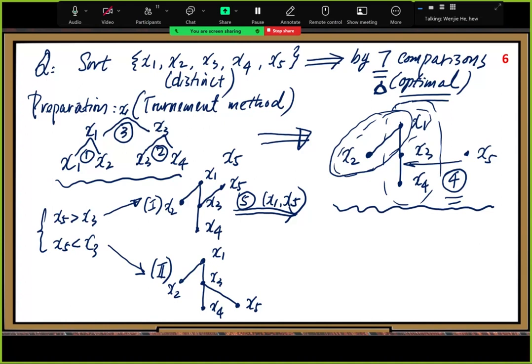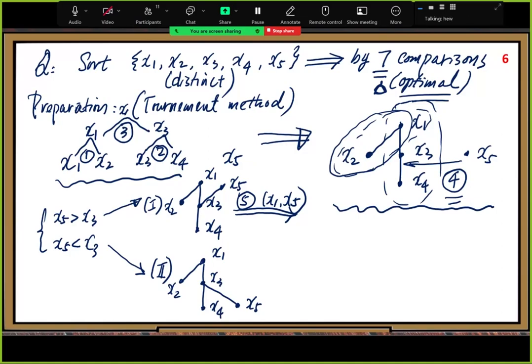After that, there are two cases. The first case, X5 is greater than X1. The second case, X5 is less than X1. Although you can discuss both cases, let's try to minimize the number of cases. How to minimize?